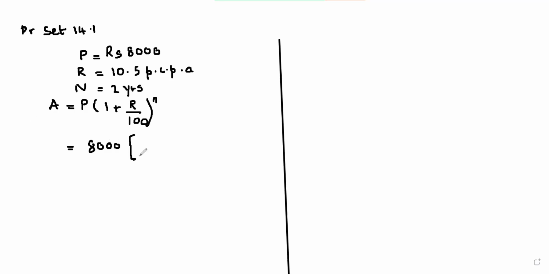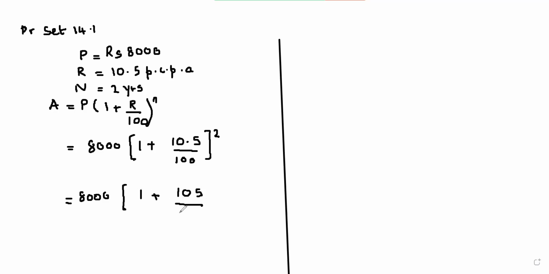First, we have to write 8,000. Open the bracket. 1 plus my rate of interest is 10.5 upon 100 raised to the power of 2. So this becomes 8,000 into 1 plus 105 upon 1,000.